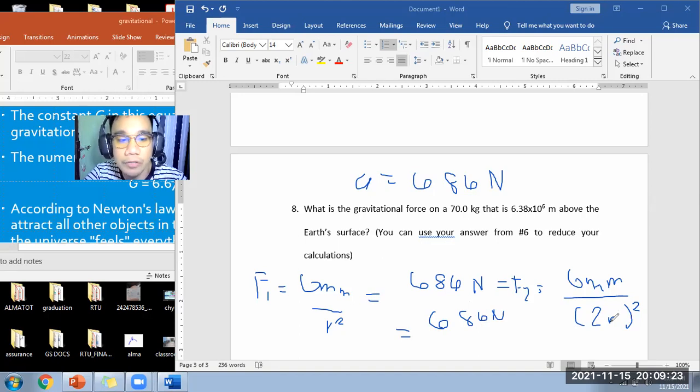So 2R, so it becomes 4R. Right? So it becomes 686 divided by 4. So the final answer will become 172, or 171.5.